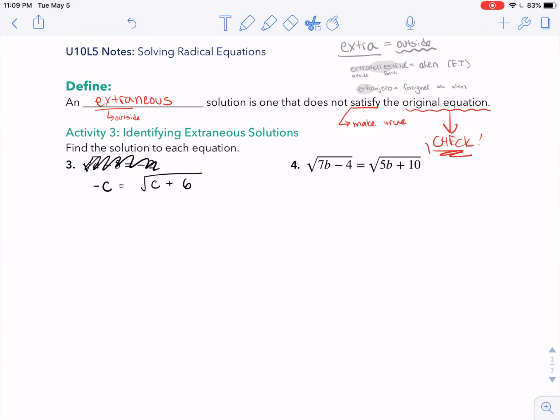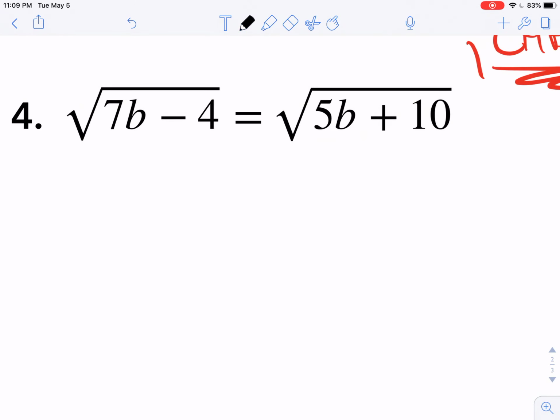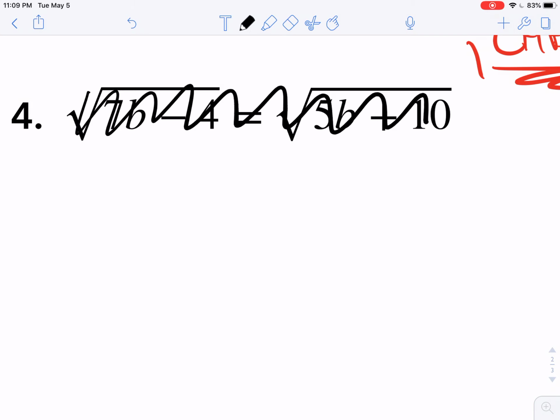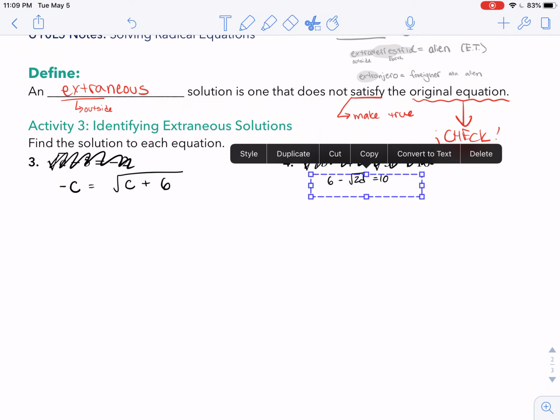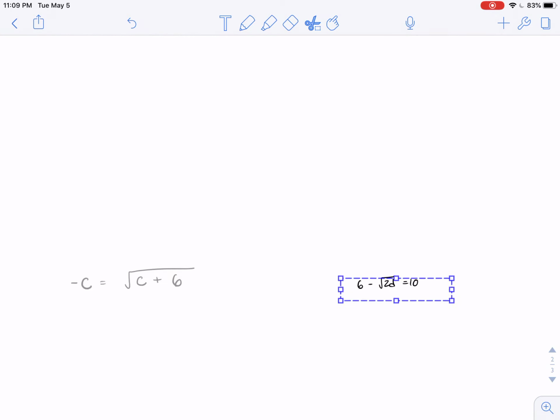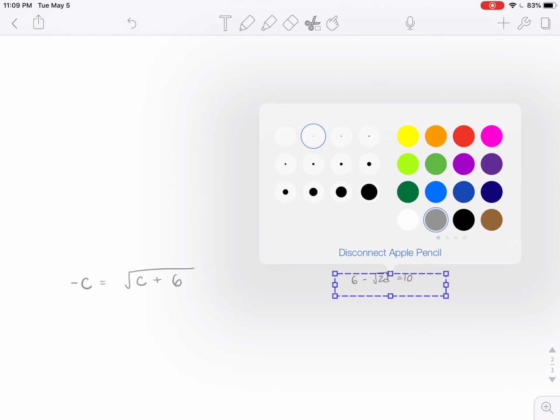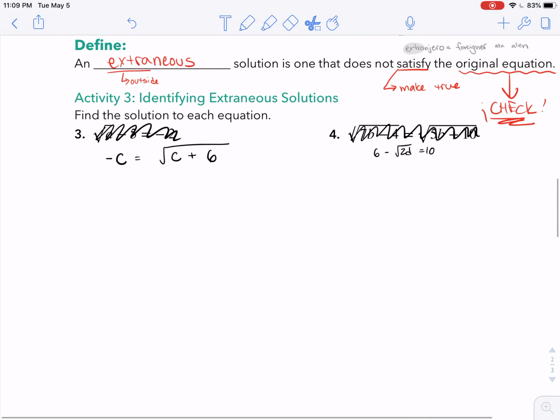Cool. And also while we're writing, number 4 should not be this equation. It should be 6 minus the square root of 2d equals 10. Okay, here we go. Oh yeah, I'm going to copy that. Thank you for your patience. Here we go.